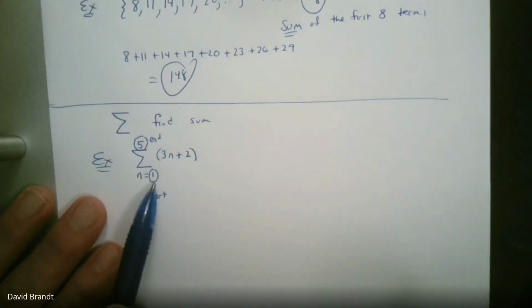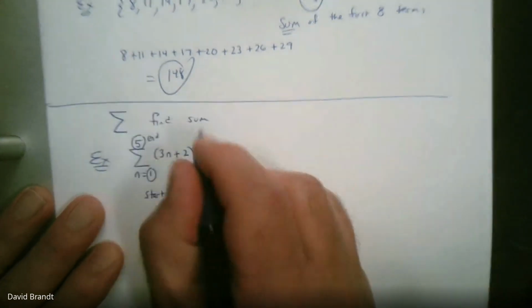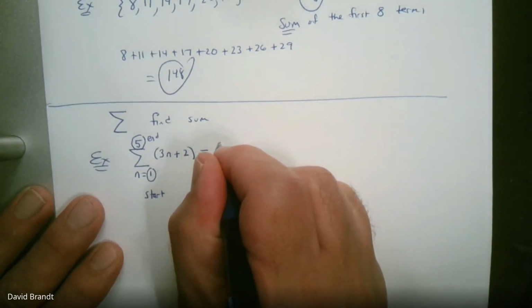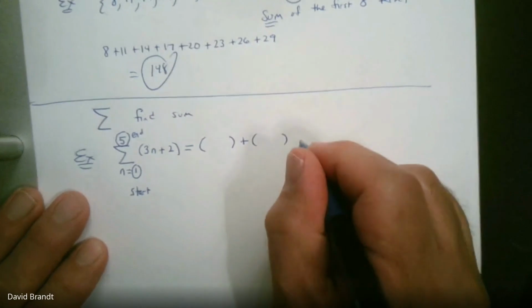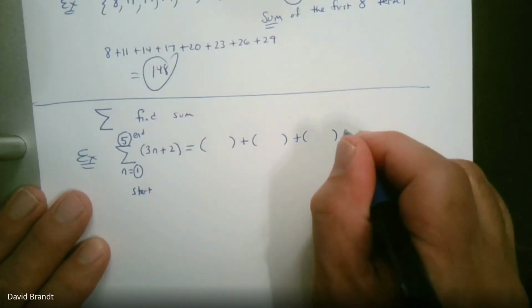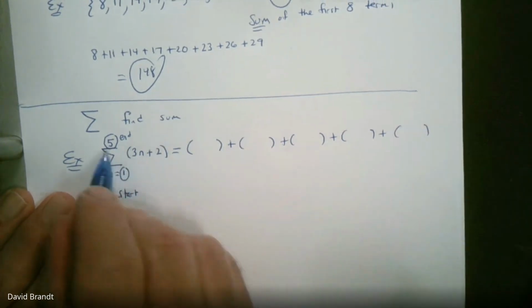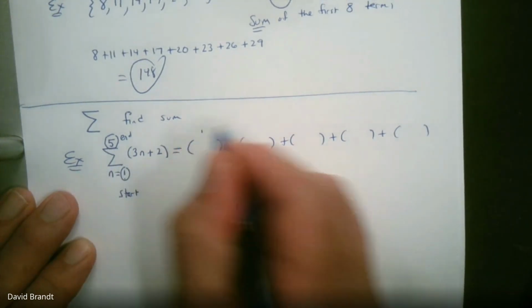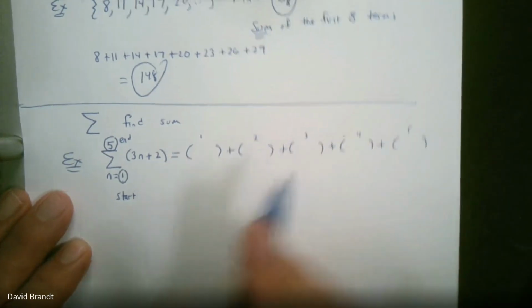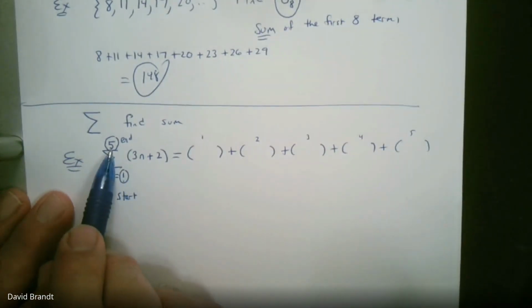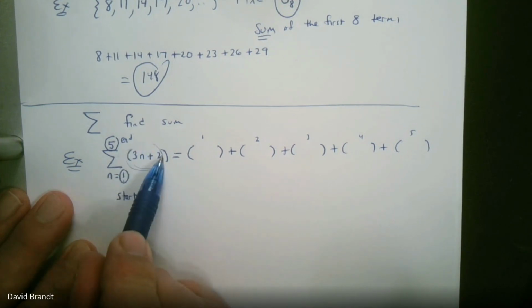So you're going to plug in numbers 1 through 5 into this, and then add up the results. We're going to plug in 1, 2, 3, 4, and 5. Start with 1, end with 5. We're going to plug in all of those numbers into this formula.